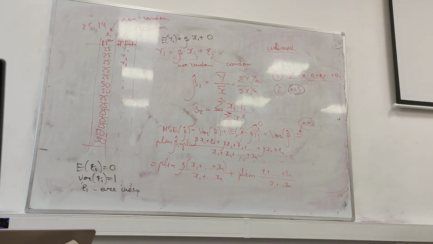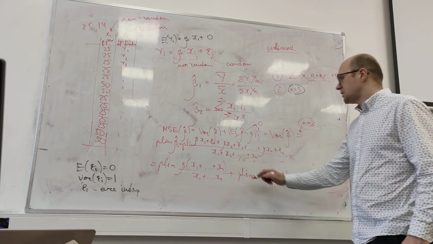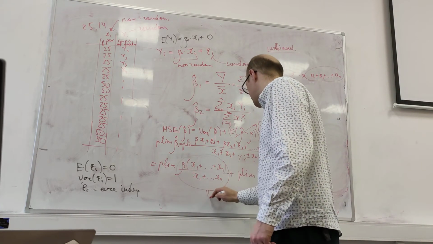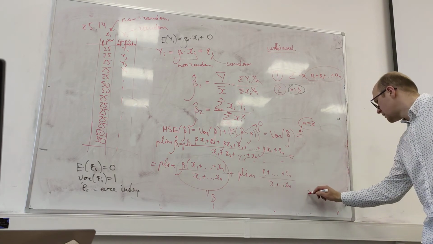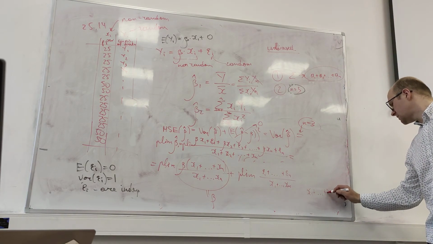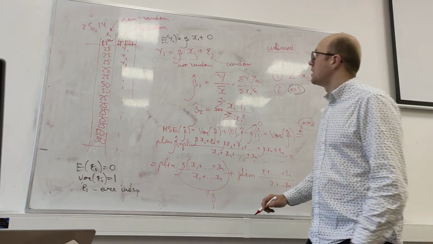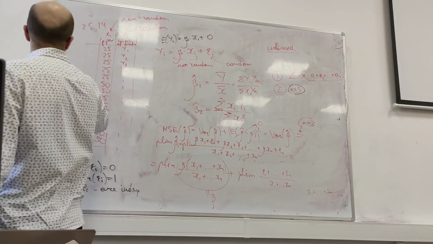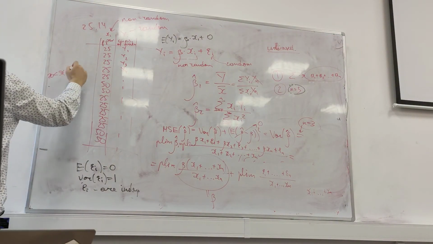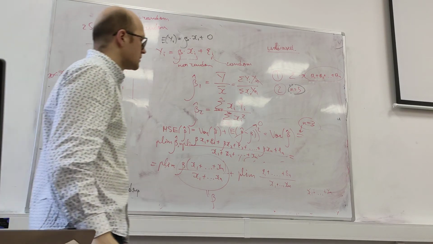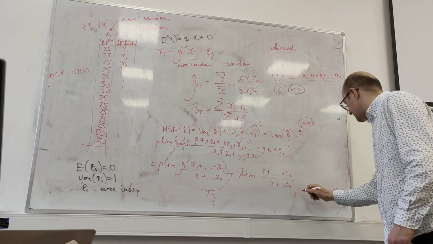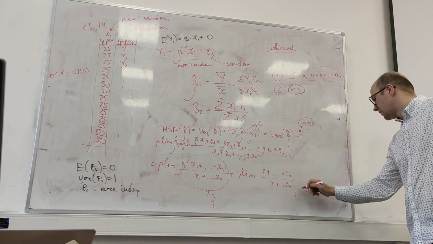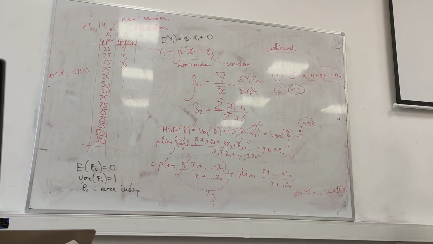This is just beta. And what is this? We know that each xi is between 20 and 100. So this sum is less than 100n, but greater than 20 times n.